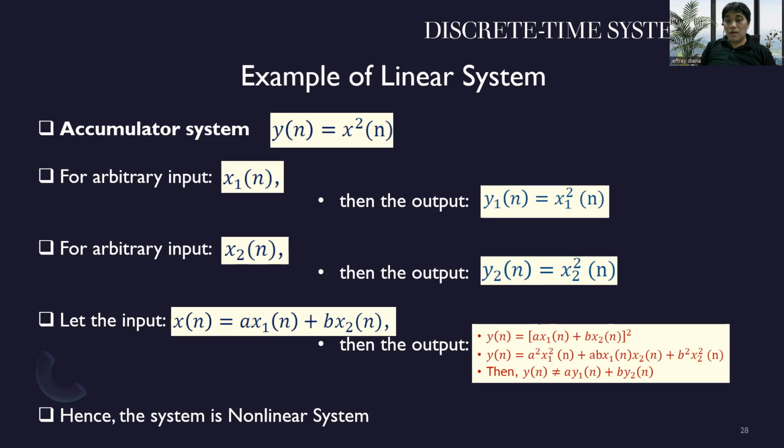Then the output should be y[n] = (a·x₁[n] + b·x₂[n])². So y[n] = a²x₁²[n] + ab·x₁[n]x₂[n] + b²x₂²[n], then y[n] is not equal to a·y₁[n] + b·y₂[n]. So for this formula, the system is a non-linear system.